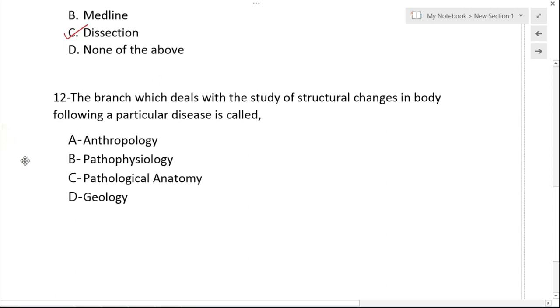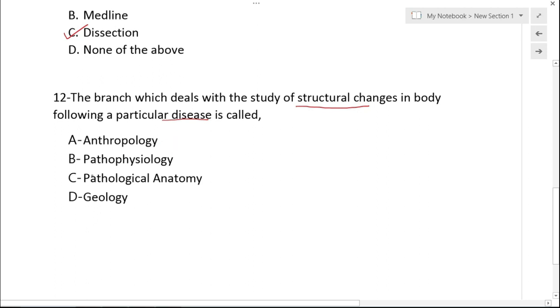The branch which deals with the study of structural changes in the body following a particular disease. You have to note this: one is structural changes, another one is following a particular disease. The options: anthropology, option B pathophysiology, option C pathological anatomy, option D geology.